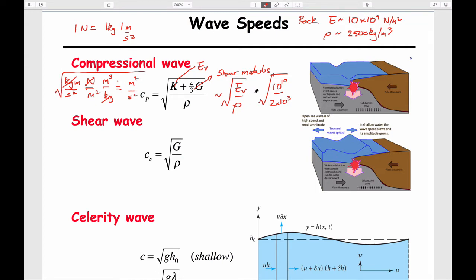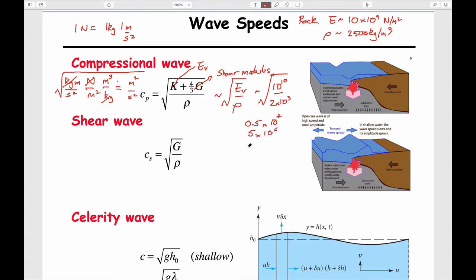Has anyone done the calculation of this, by the way? If we ignore the 2, 1 over 2 is, I guess, 0.5. And so the remainder is 10 to the 7, got it? Which is the same as 5 times 10 to the 6, right?